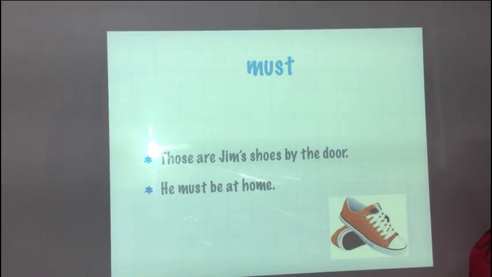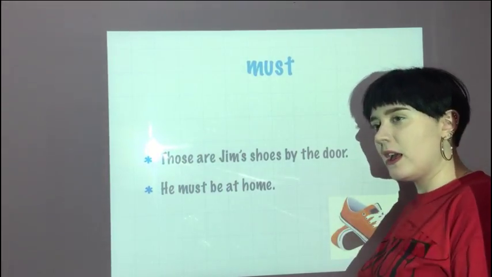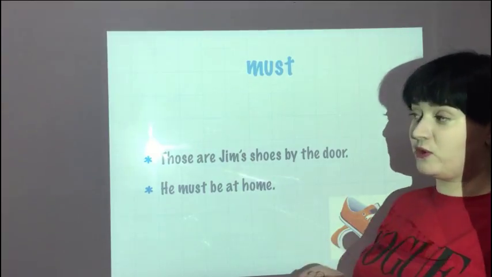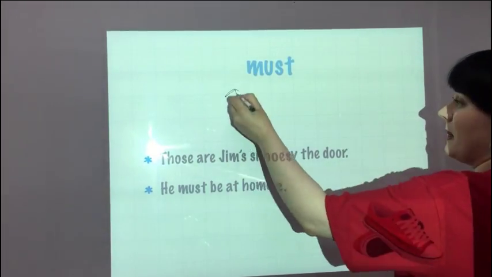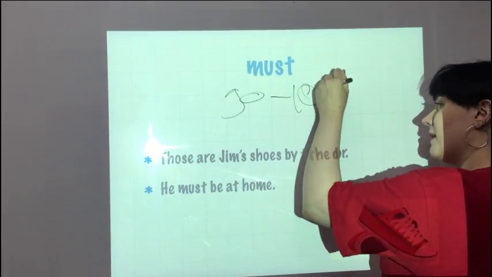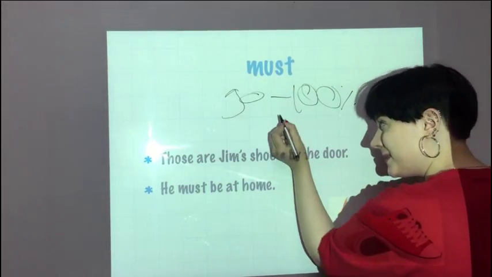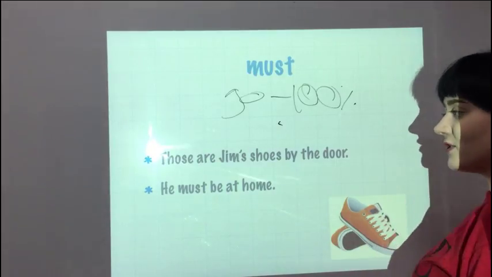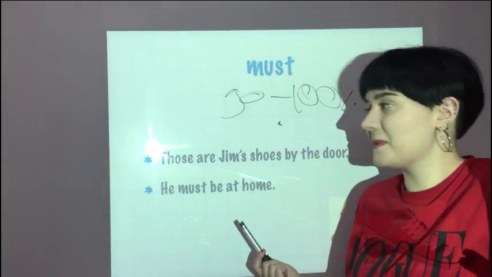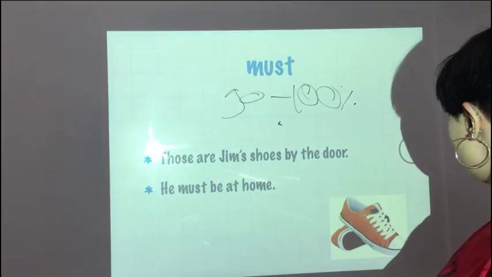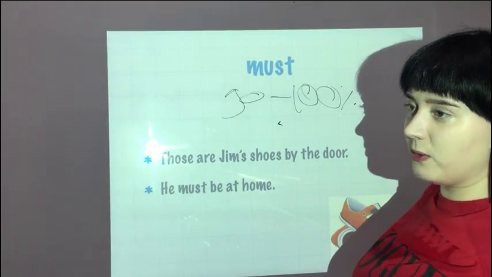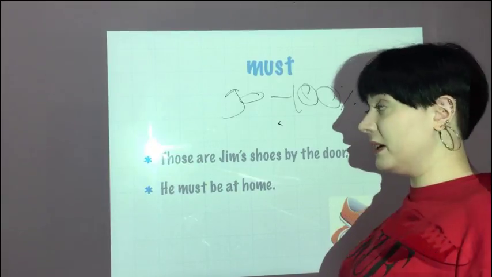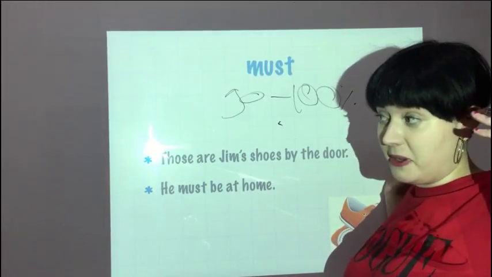Do we know he's at home? Let's say Jim has only this pair of shoes, so it's very likely for him to be home. But there's a very small percentage. That's why it's 90 to 100, because there's a very small possibility that Jim bought new shoes. Maybe he saw these beautiful orange sneakers at the store, he really liked them, so he thought, hey, I'm just gonna buy new shoes.